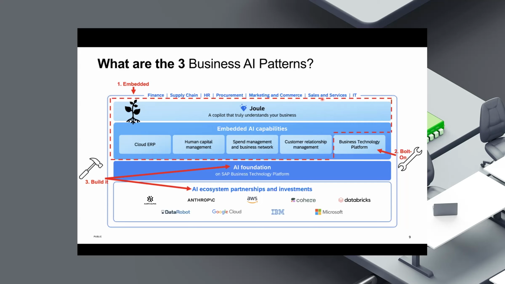The other way would be by using points 2 and 3, building and bolt-on solutions on the business technology platform. Now, the BTP itself is bringing the AI Foundation. The AI Foundation is a service that congregates all our partner services into one single offering.